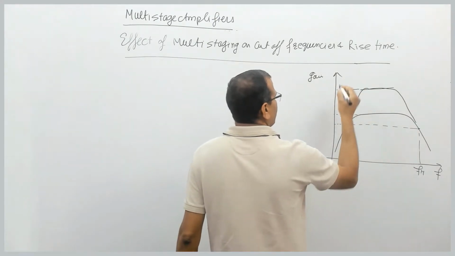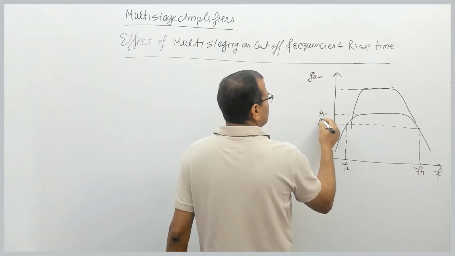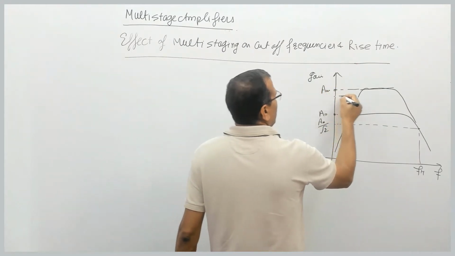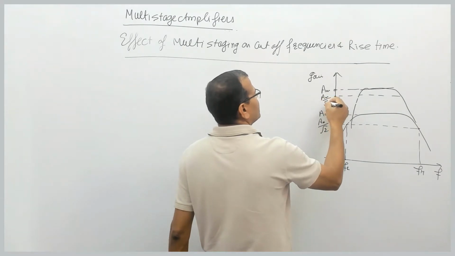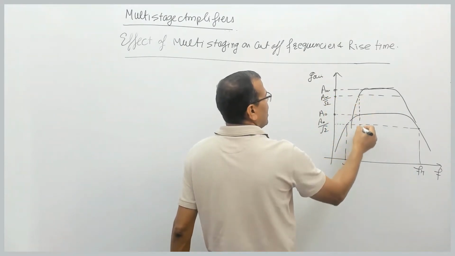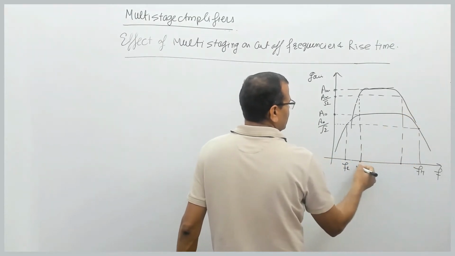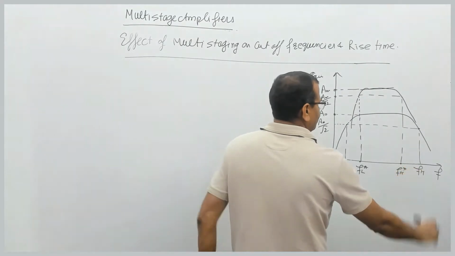This is again the mid-band gain, this is for multistaging, this is the gain at cutoff frequencies in multistage, and these are the cutoff frequencies FL star, FH star.